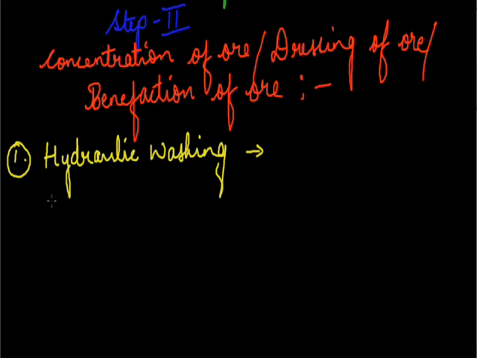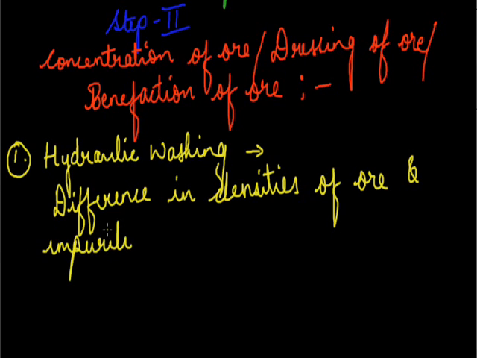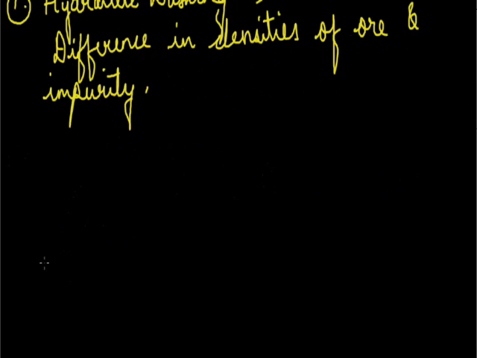So this method is based upon the difference in the densities of ore and impurities. The one which has lighter density will come with water, and the one which is heavier will settle down. For that, hydraulic classifiers are used, or Wolfram table.